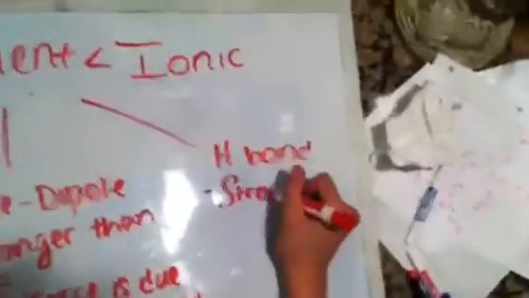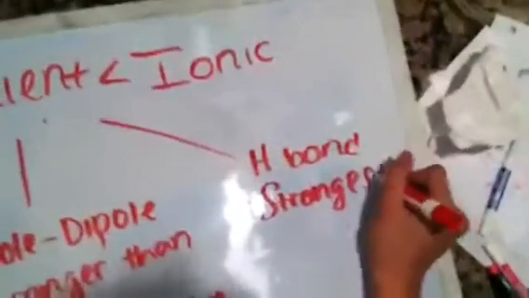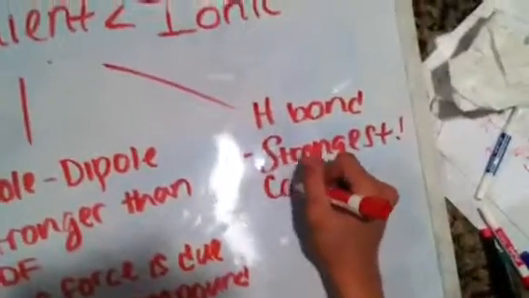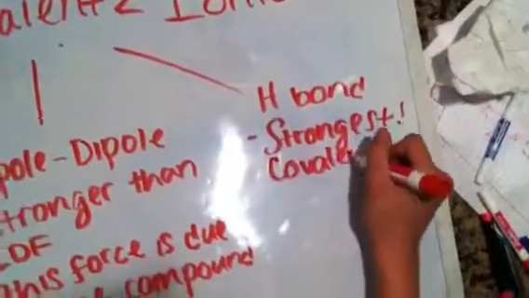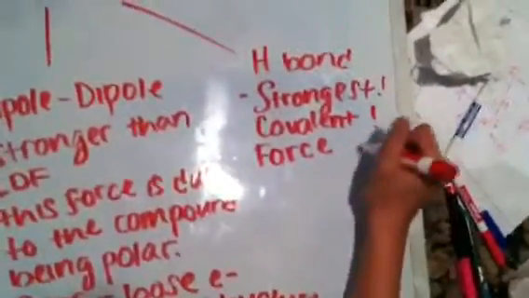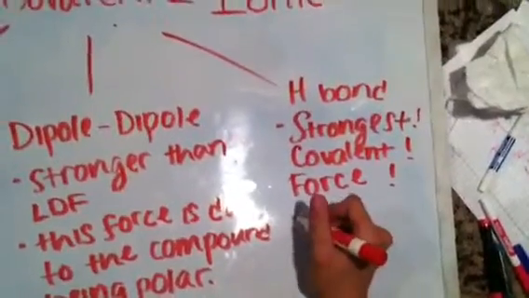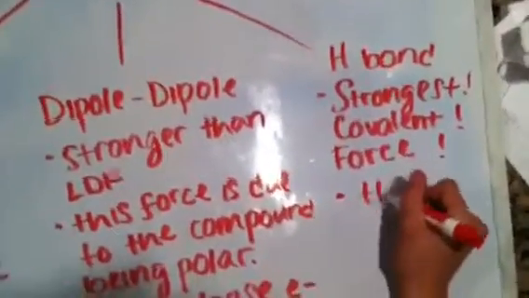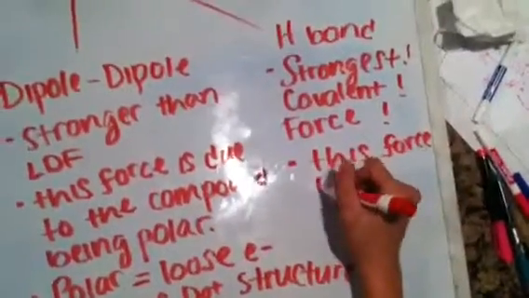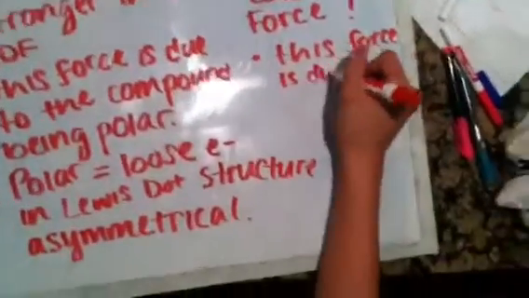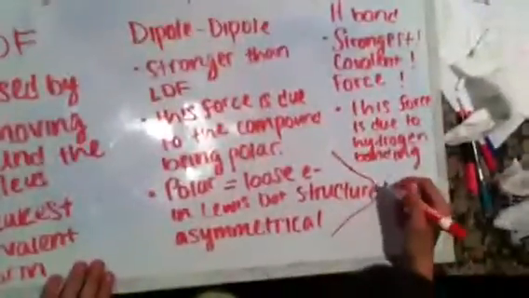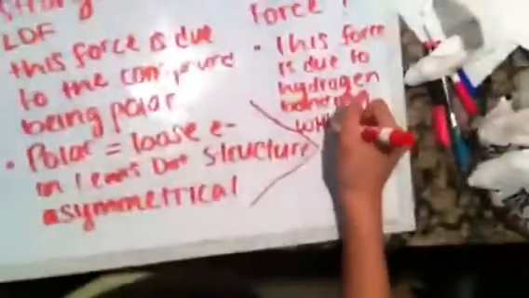Now, last is hydrogen bonds, or H bond, whichever you want to call it. This form is the strongest of all covalent type bonding. And H bonds only appear when there's a hydrogen bonding to either fluorine, oxygen, or nitrogen.